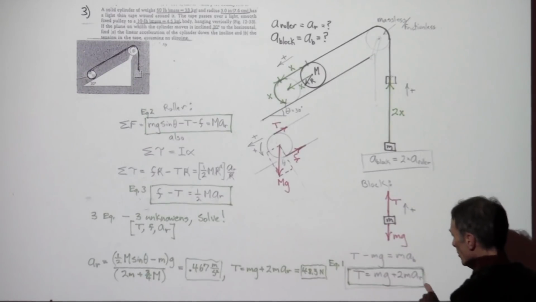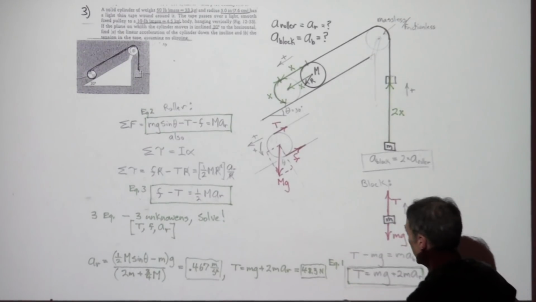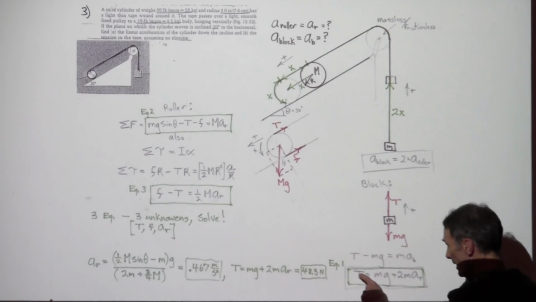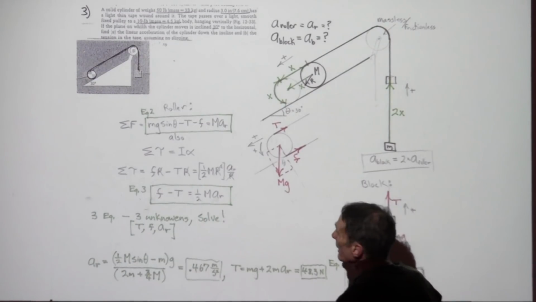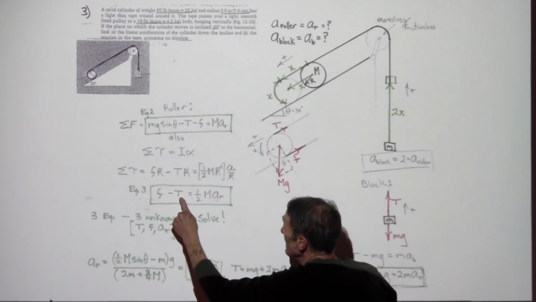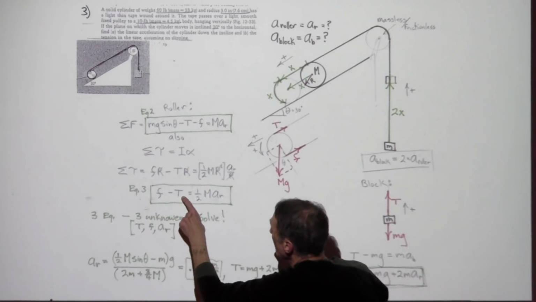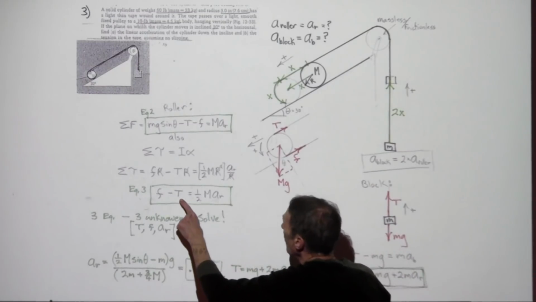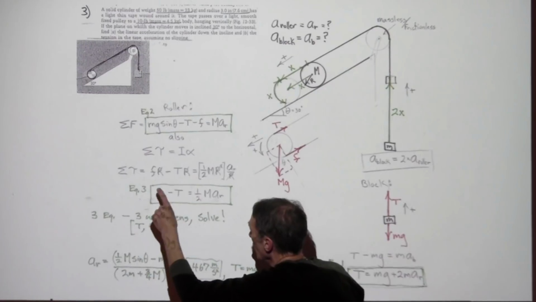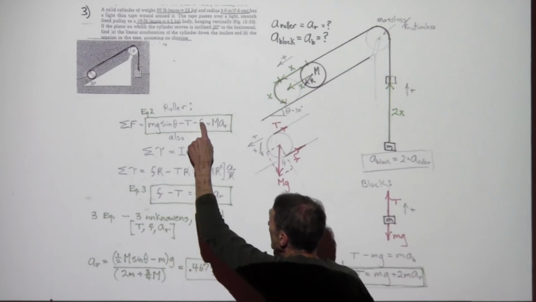Probably what we'll do is take this one, solve for T. This is probably the most natural. Take this T, and then I can put it into these 2 equations, so we can eliminate T. Then once I have that, I could solve for friction between these.